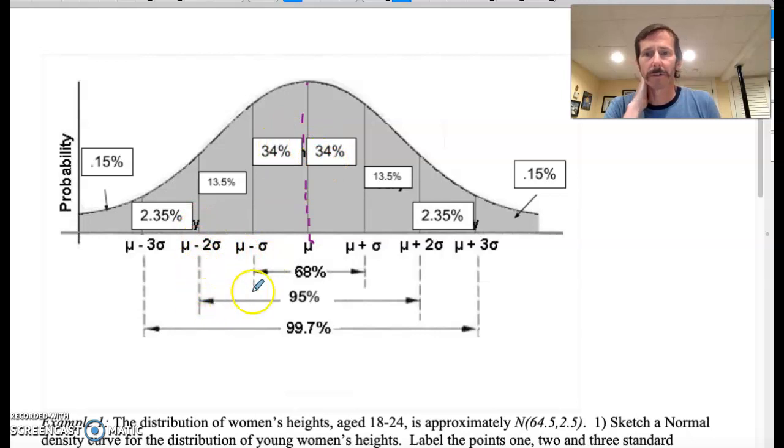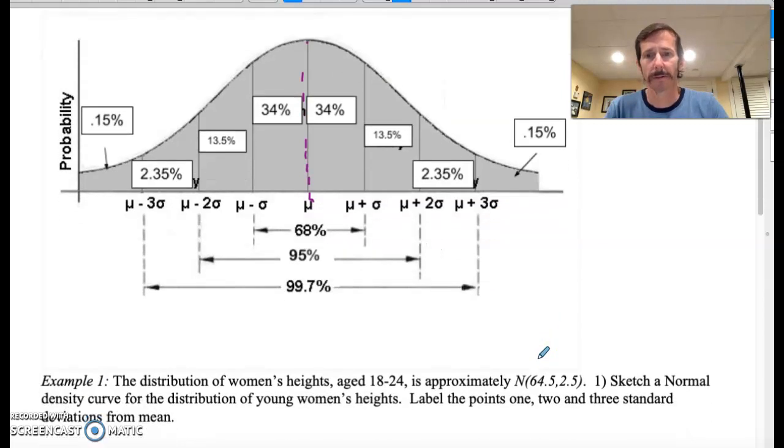And if I go to 2 deviations, I've got 95%. So if I've got 95% from 2 to the left and 2 to the right, if I take 68 away from 95 and split it in half, I'll get 13.5 in each of these little pieces. So this might be a helpful tool to have ready to answer questions when they ask you about your values.